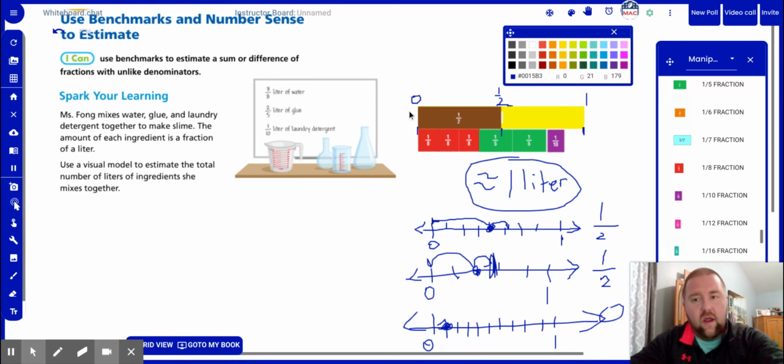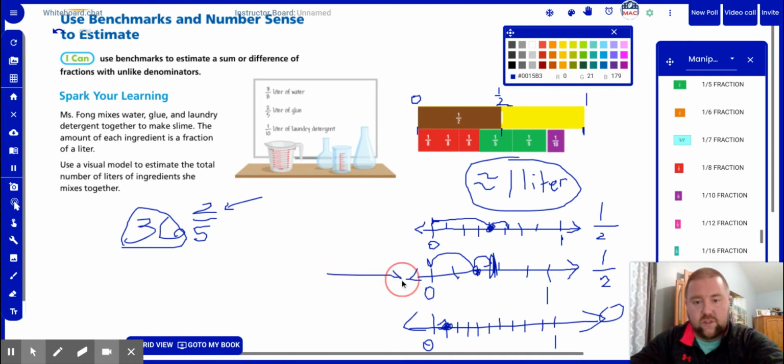All right, now, if we are dealing with estimating with fractions of mixed numbers, and we had, let's say, 36 and 2/5, and we wanted to round that, my 36, I'm not going to worry about that 36 at all. I'm just going to look at the 2/5 here and say, okay, well, if I'm rounding with 2/5, what's that going to look like? So this example was 2/5.